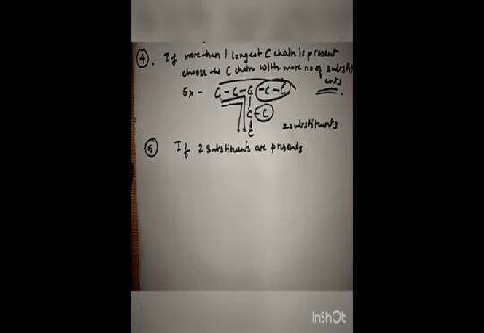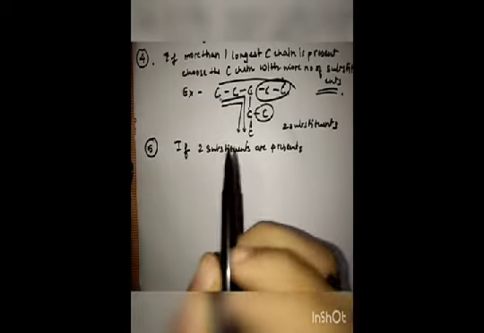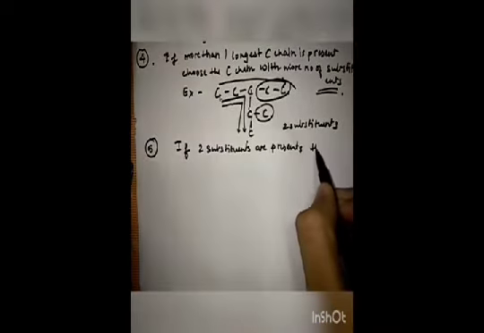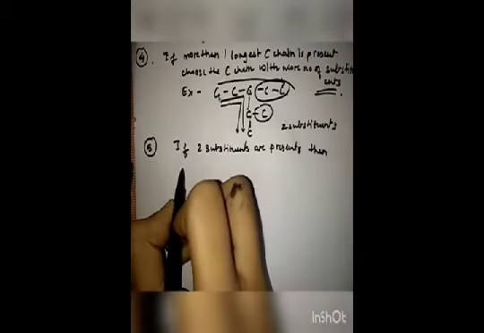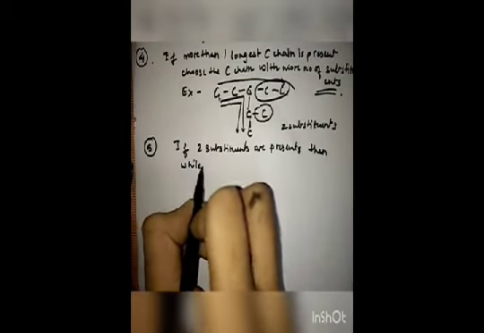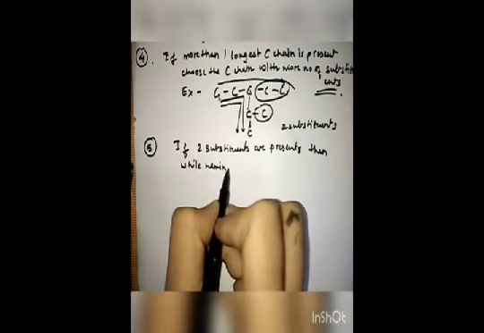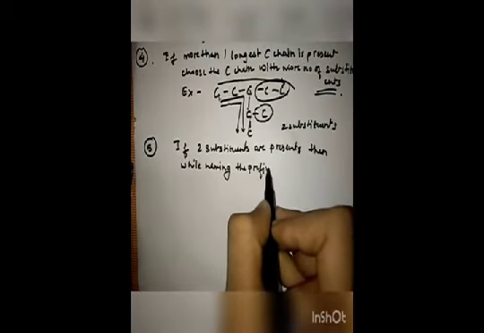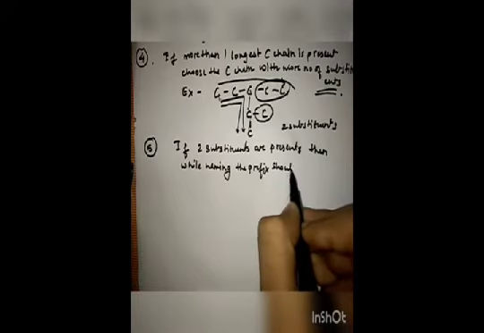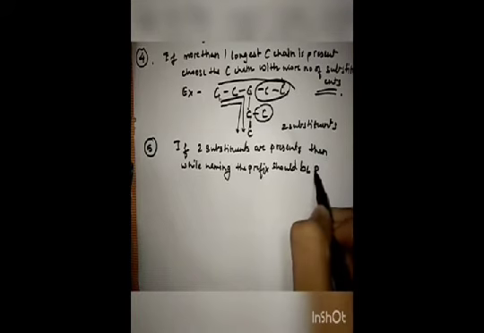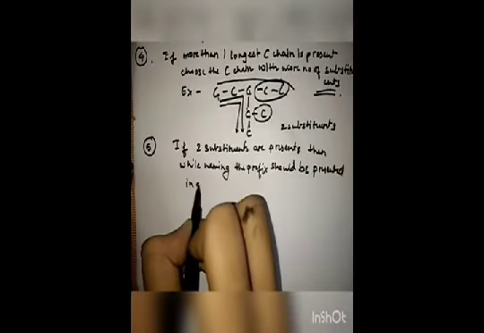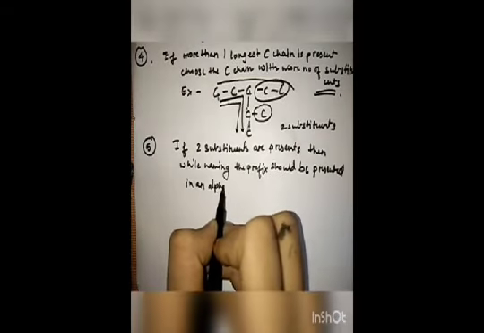I'm talking about the normal ones, methyl, ethyl or butyl, propyl and so on. Then while naming, the prefix should be presented in alphabetical order.